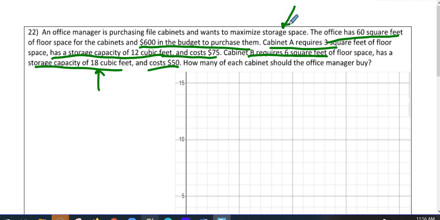So we're trying to maximize storage. That tells us that our Z storage. So A plus 18y.